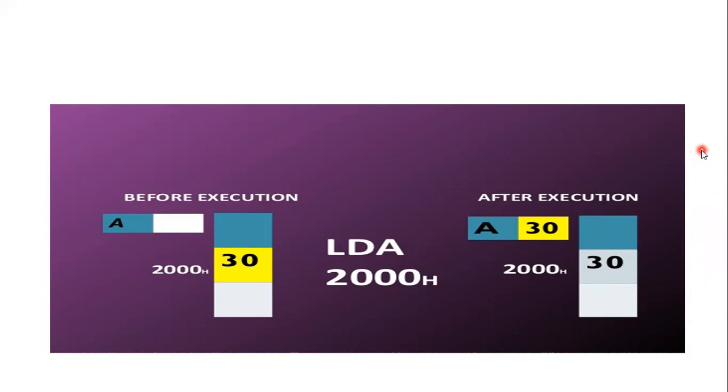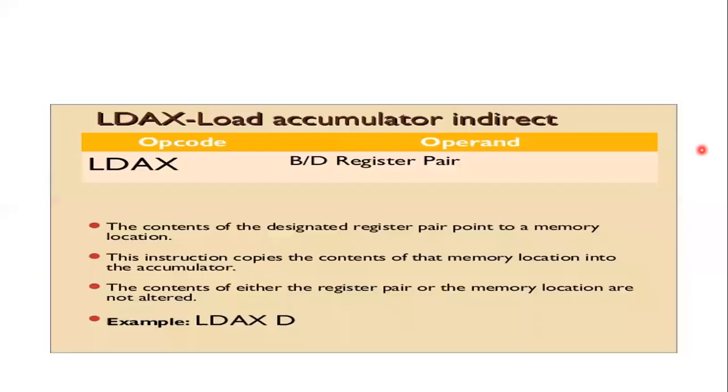The next instruction, LDAX. So load accumulator indirect. Opcode is LDAX and operand is a BD register pair.